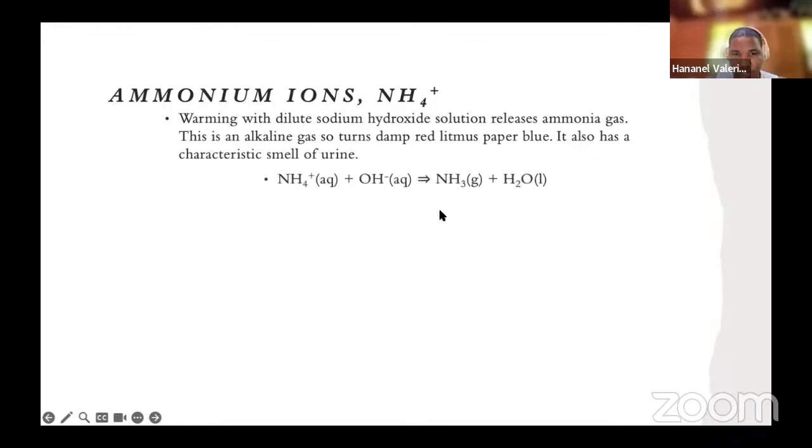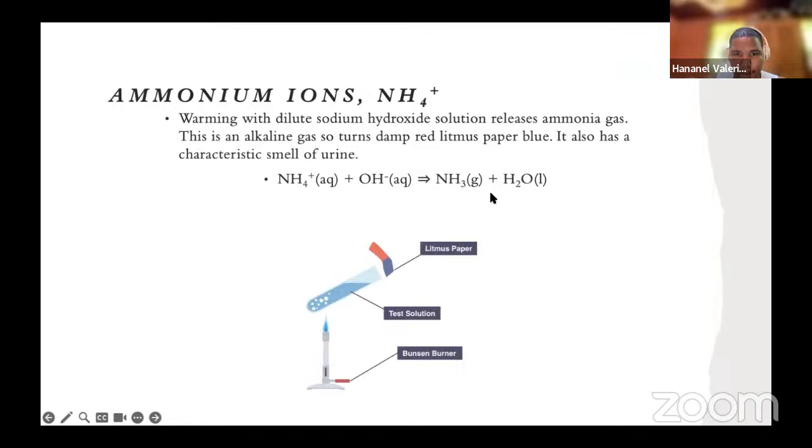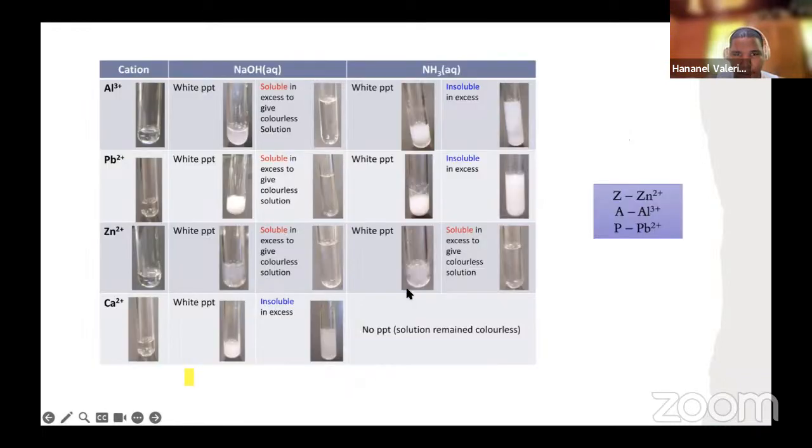So this is a reaction, as I mentioned before. You would have the ammonium salt reacting with sodium hydroxide to effectively give you ammonia and water, okay? And this is how you would test for it. So if it is present, it's going to turn the litmus paper blue.